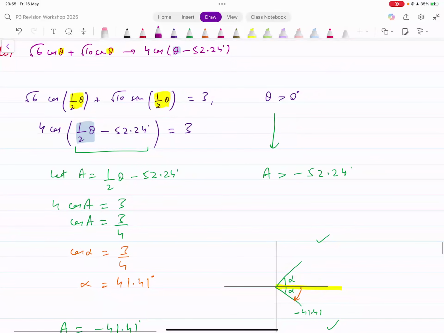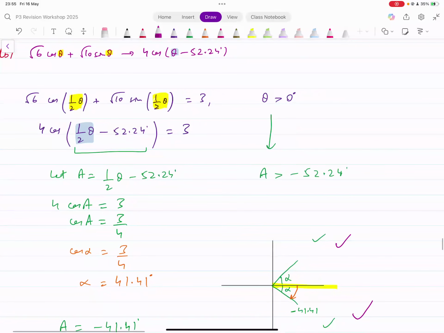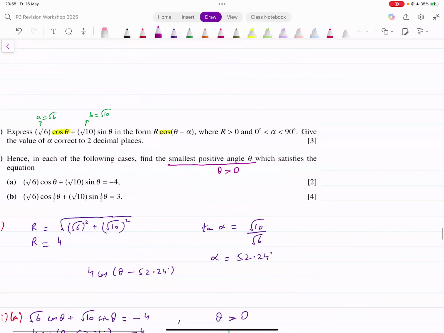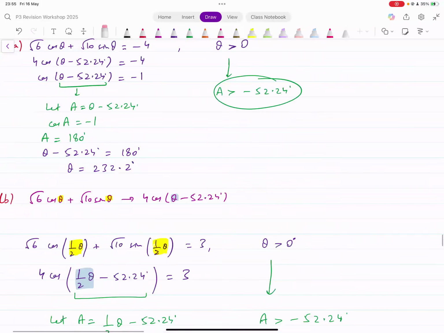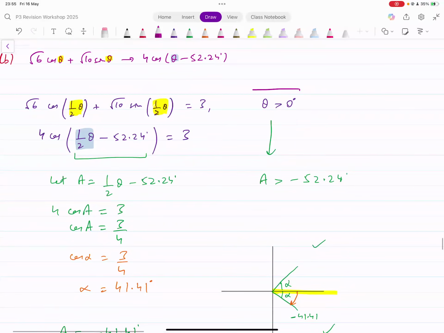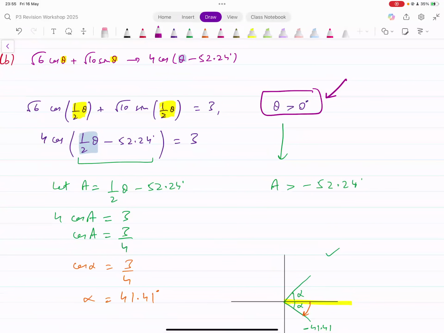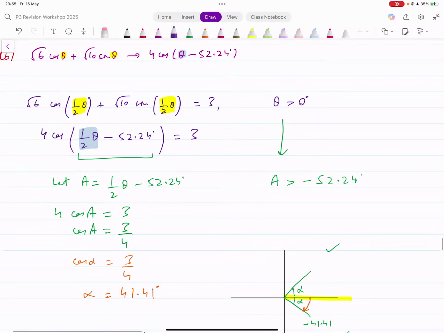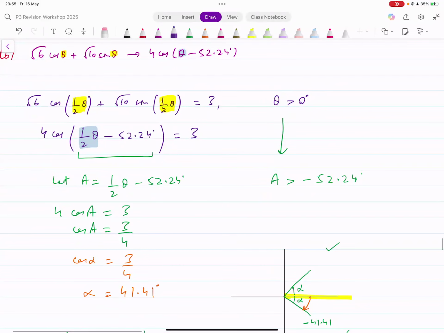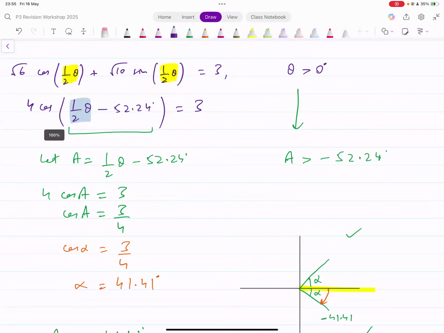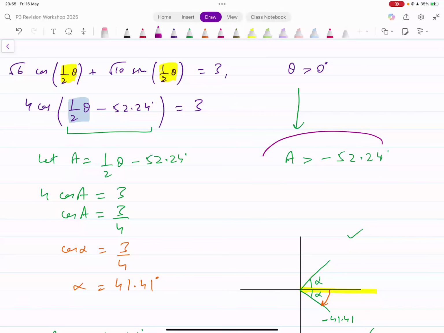Cos can be positive in the first quadrant or in the fourth quadrant. What are we looking for? We were looking for the smallest positive angle theta, when theta is greater than 0. When theta is greater than 0, A is greater than minus 52.24 degrees. That means A could be negative as well. So in the fourth quadrant, we also have to see if there's any negative value that falls in this interval.